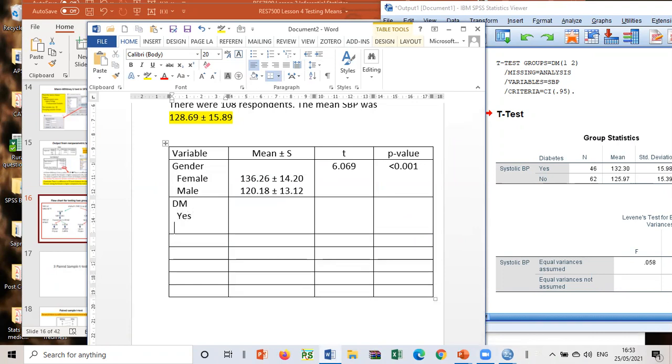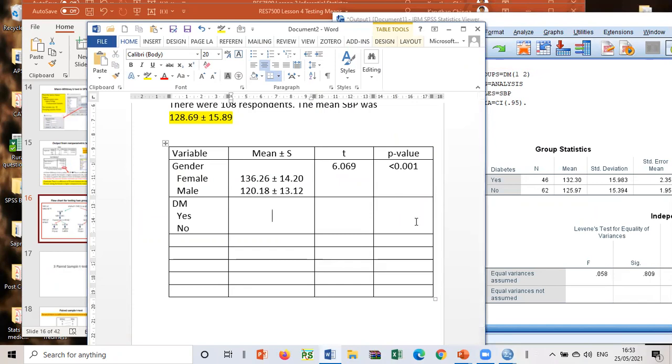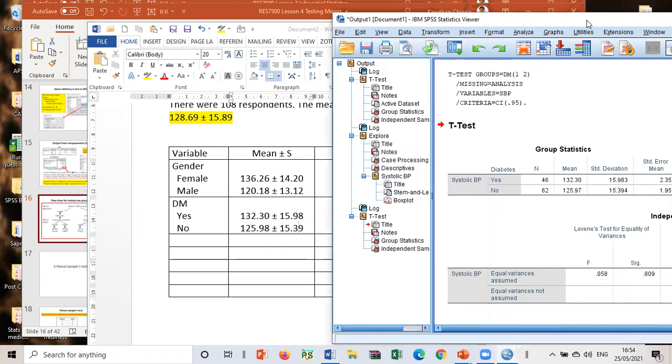Yes. No. This is 132.30 plus minus 15.98, 125.97, 15.39. Okay. T value, second table.